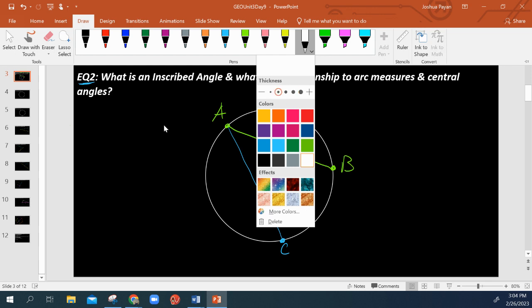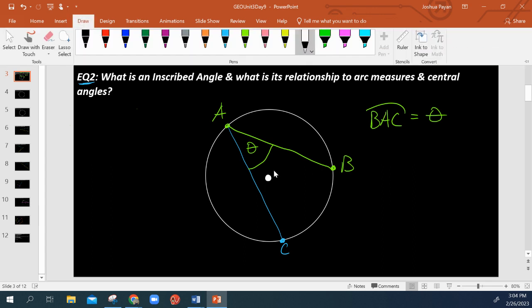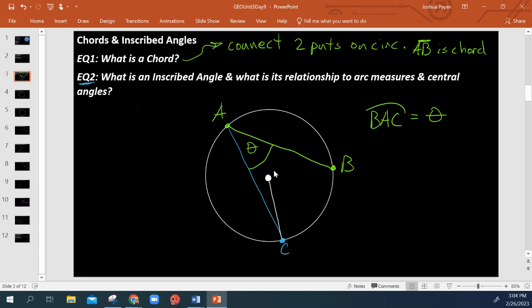So this angle here, we'll say BAC, which we're just going to call theta. This angle here is half of this central angle here.